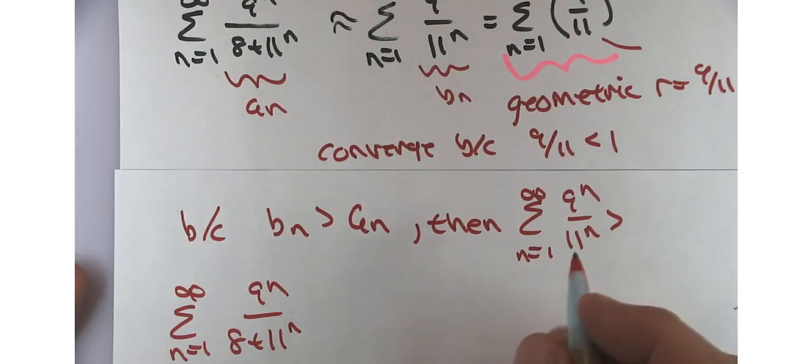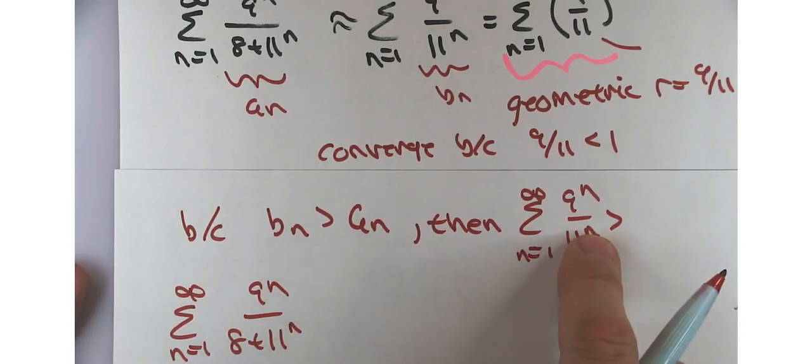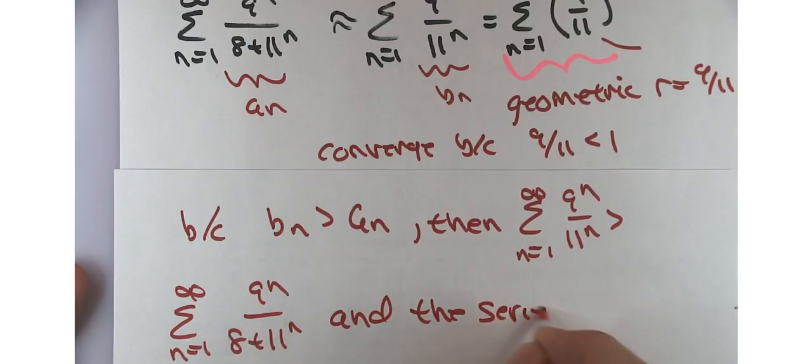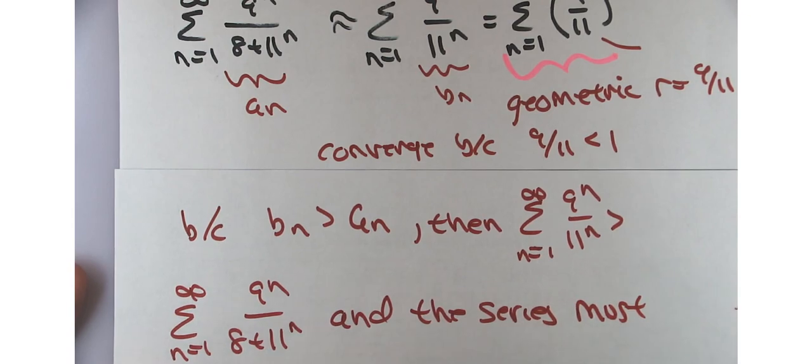Then, because this one is finite, this one has to be finite, and the series must converge because of the direct comparison test.